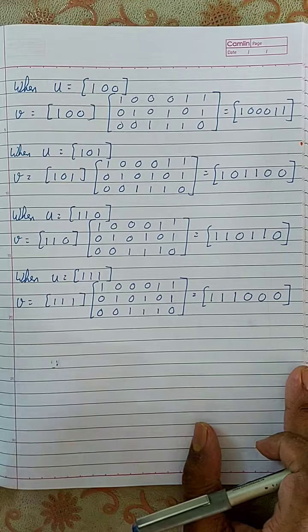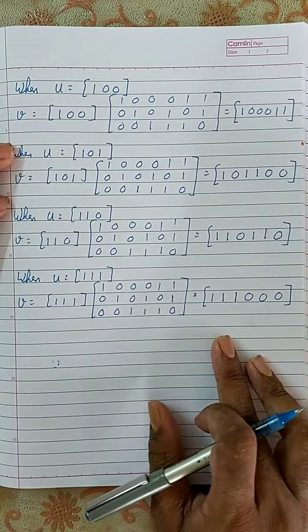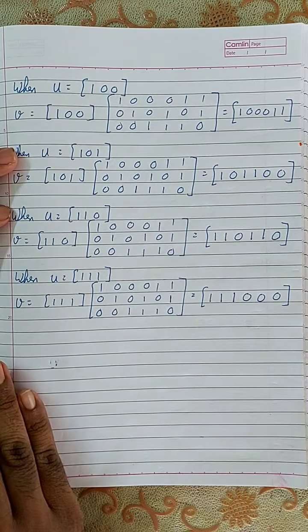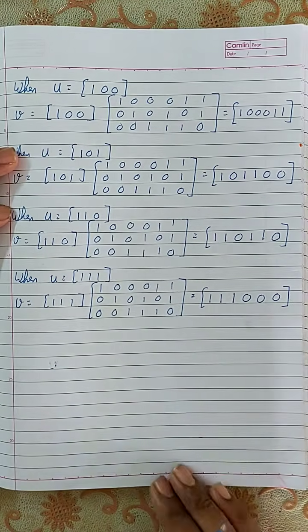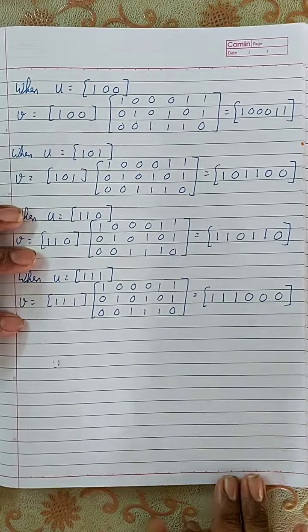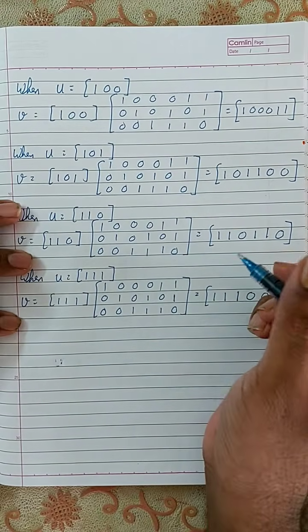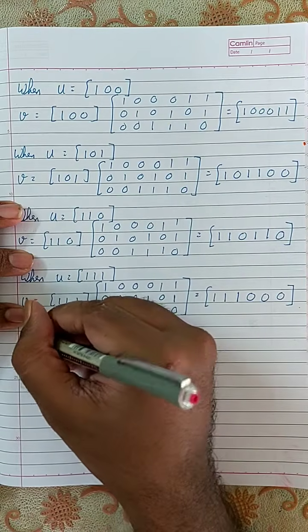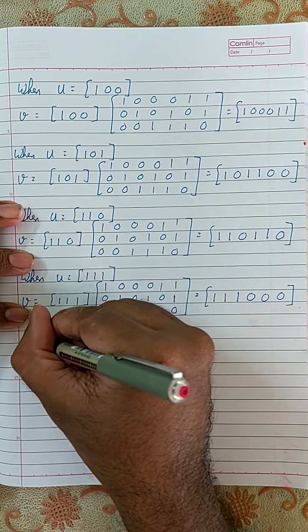Now what I'm going to do is draw a table where on one side I will show all the input messages, and on the other side I will show all the corresponding output code words. Okay, so let me do that. First I'll give the heading as input block or input messages.